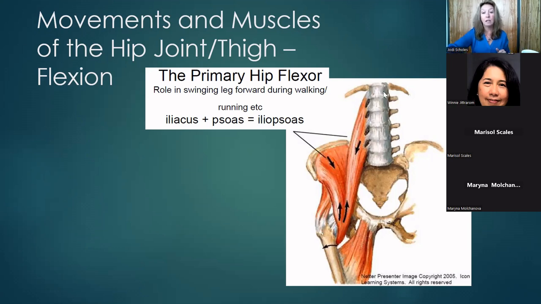So here we are at the lumbar vertebrae. This is your last thoracic vertebrae right up here. That's your floating rib, rib number 12. So your floating rib.